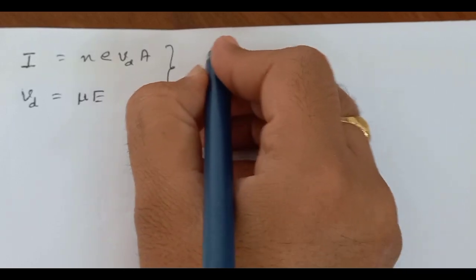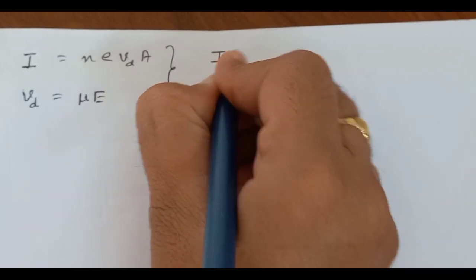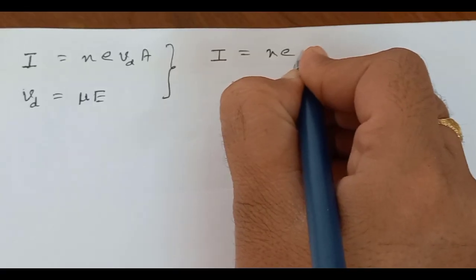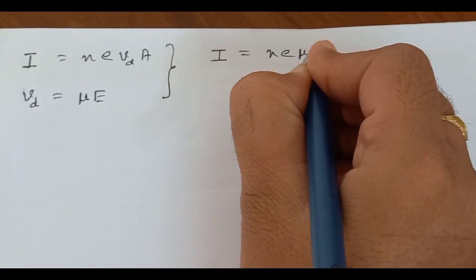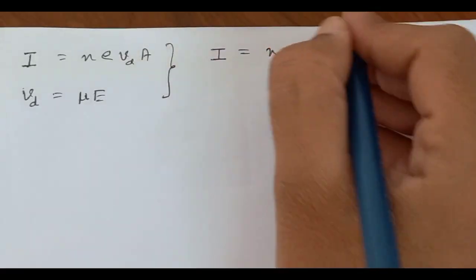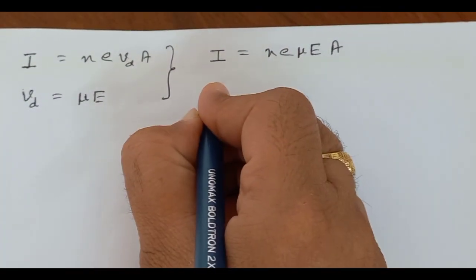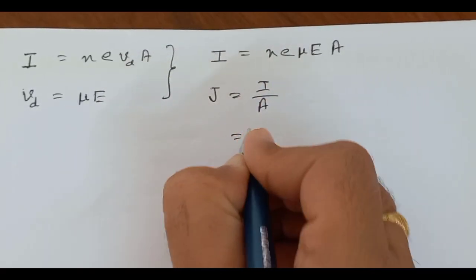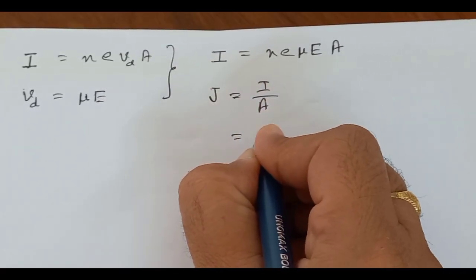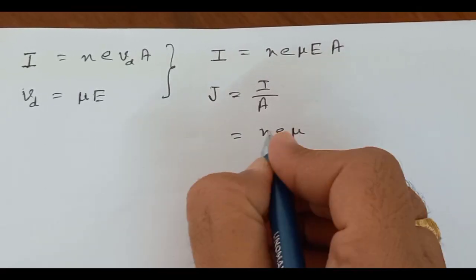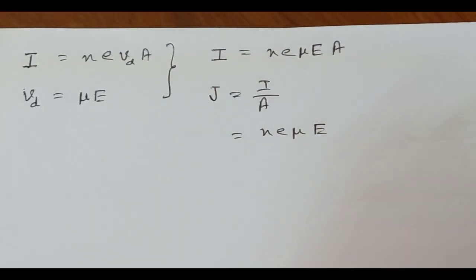From these two relations we can write the current I is equal to N E mu into E. We have replaced Vd by mu into E into A. Therefore, the current density J is equal to I by A is equal to N E mu into E.